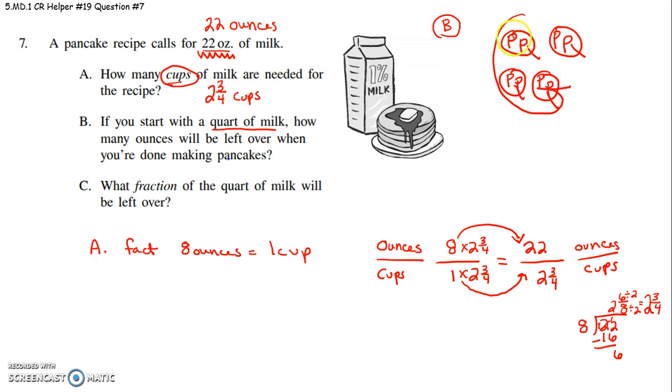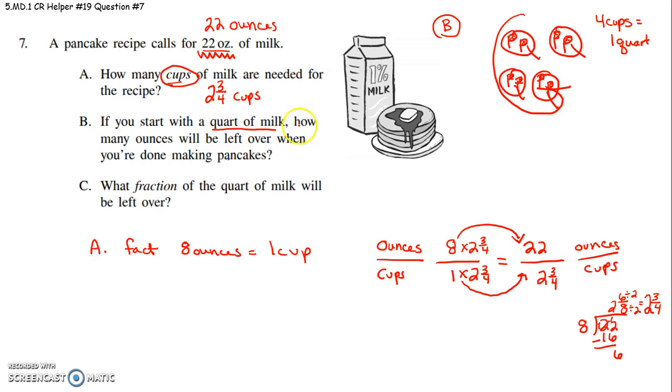In each of those pints, there's 2 cups. So I know there's 1, 2, 3, 4 cups in a quart. So now I know there's 4 cups equals 1 quart. 4 cups is 1 quart. I know there's 8 ounces in a cup.